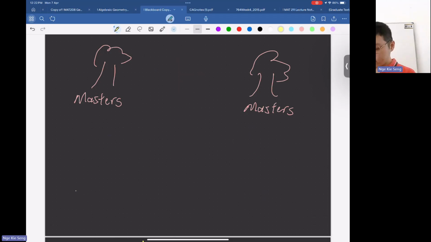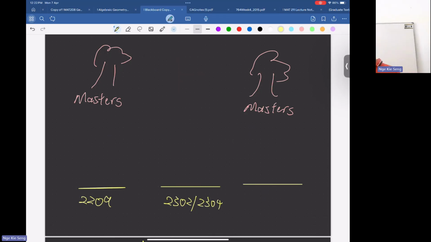But I know there are three batches of students here. Maybe let the master's students know a bit. There are 2209, 2302 and 2304. Usually these two are mixed together because 02 is a short set. And then there's another big group, 2309.